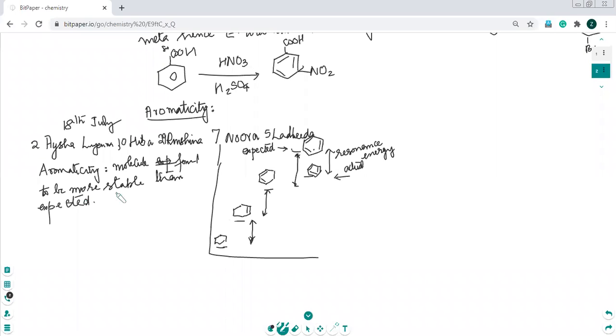That difference. Now, more stable means lowering of energy. Lower energy. And how does it affect the reactivity of the molecule? The reactivity is affected.